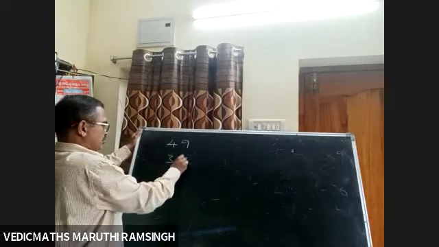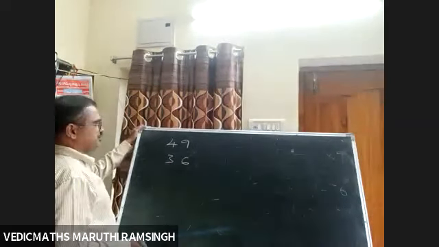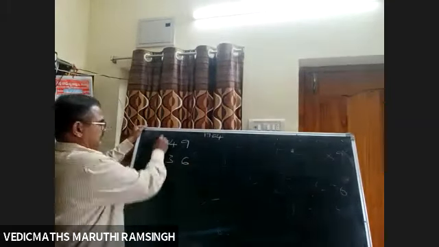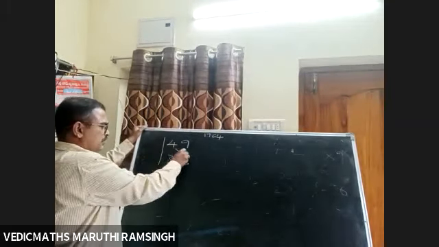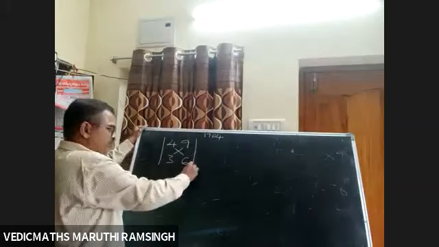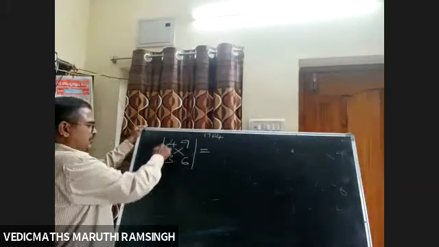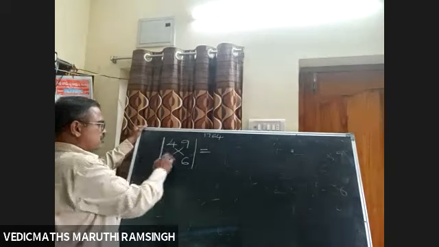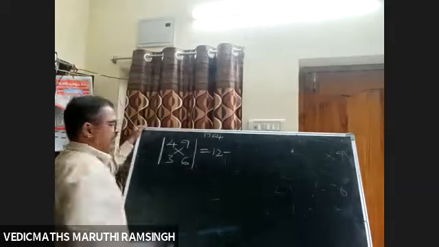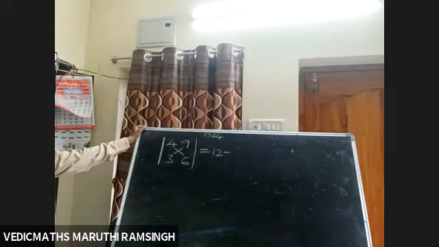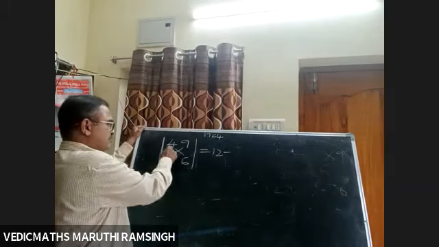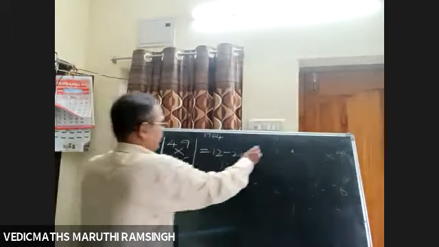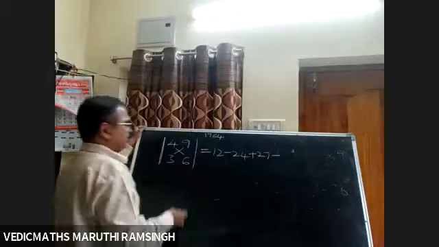49 into 36, 1764 is the answer. Vertical, crosswise, vertical. 4 into 3, along with this vertical line, multiply these two. 12 dash. Now let us take the total of 2 crosswise. 4 6s are 24 plus 3 9s are 27 dash.